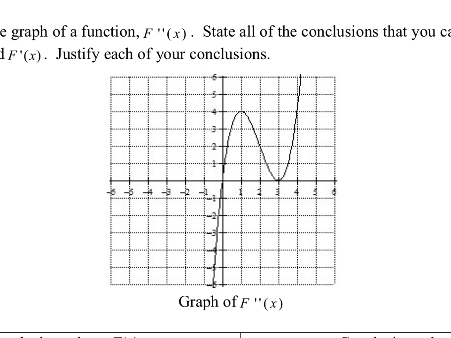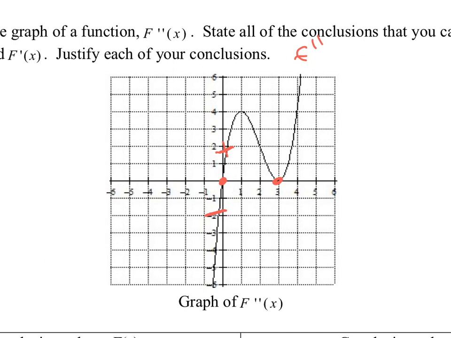What do I see? This is the second derivative, so I have to remind myself it's the second derivative. What do I know when the second derivative is 0? Those are possible points of inflection of the original function. I'm looking at it, this second derivative was negative down here, and it's positive up here.